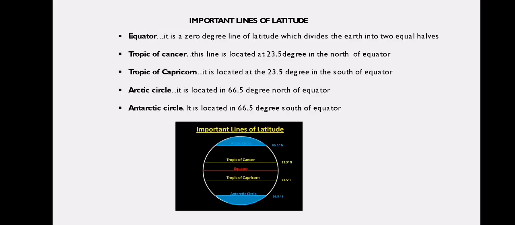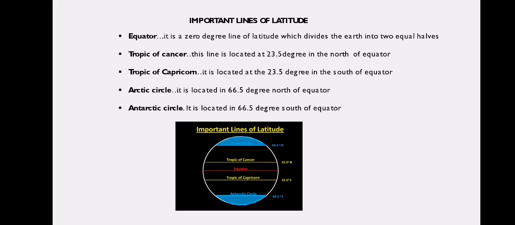The important lines of latitude that were discussed through the headings can be further understood with the help of this diagram. If you look at this diagram, you see the red line is known as the equator, which is the 0 degree latitude. It divides the earth into 2 equal halves in the middle, the northern hemisphere and the southern hemisphere.